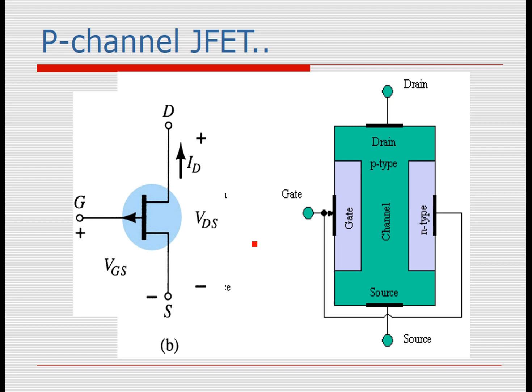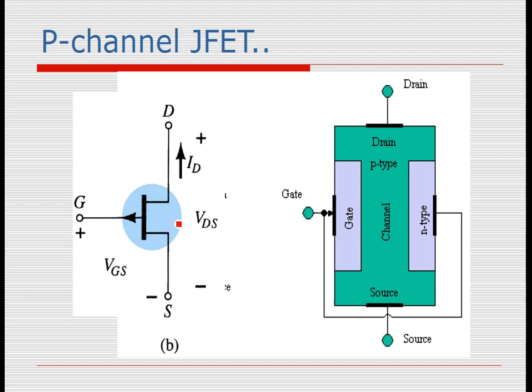Here you can see the symbol of the p-channel JFET, and this is the construction. These two are heavily doped n-type material, and the channel is p-type. At the ends of this p-type material, there are two ohmic contacts, one is the drain terminal and another is the source terminal.